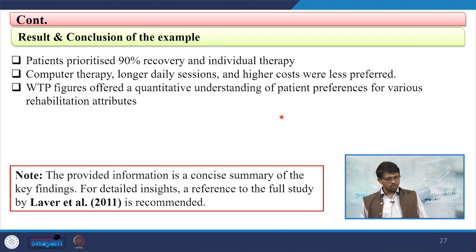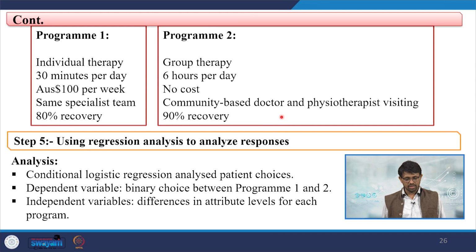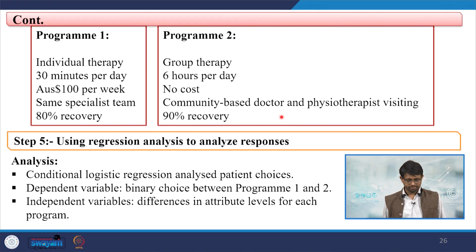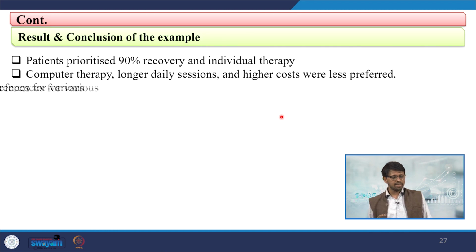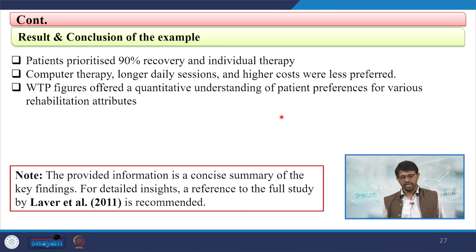Hence the result and conclusion of this particular example: patients prioritized, so actually those are divided into 2 programs, and finally results are derived. The results showed that patients prioritize 90% recovery and individual therapy. Group therapy, longer daily sessions and higher cost were less preferred.